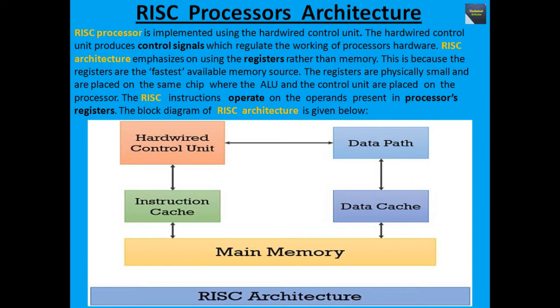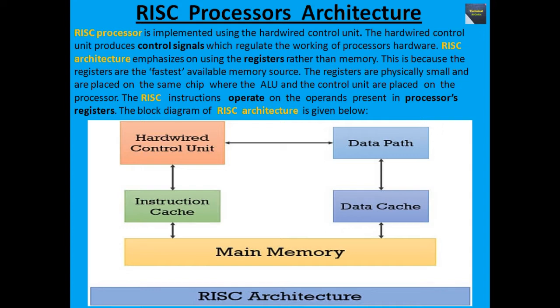Now we talk about RISC processor architecture. A RISC processor is implemented using a hardware control unit. The hardware control unit produces control signals which regulate the working of the processor's hardware.